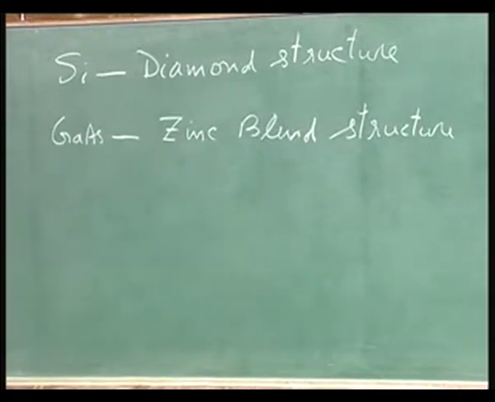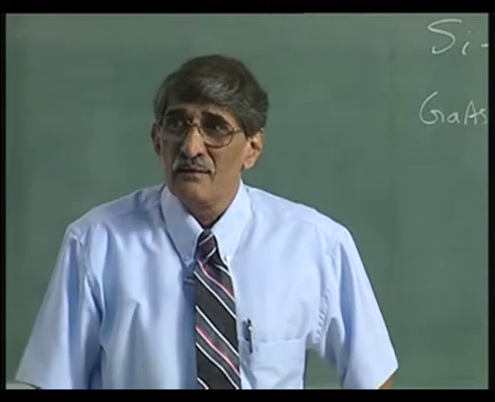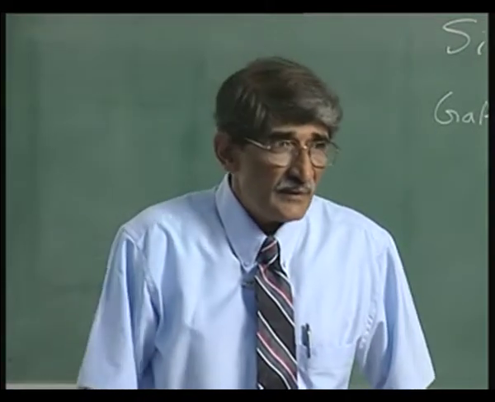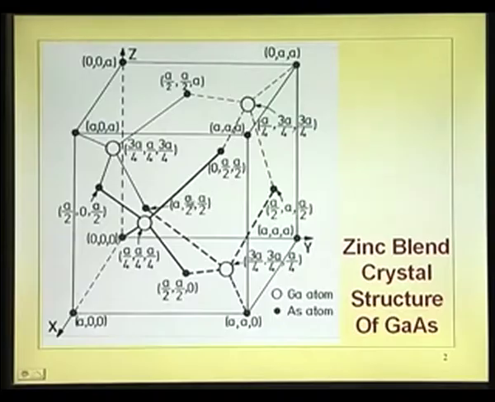Basically, both are the same structure. If all the atoms inside the cube and on the cube edges are silicon, that is the diamond structure. In the case of gallium arsenide, you can see this is the zinc blende structure.